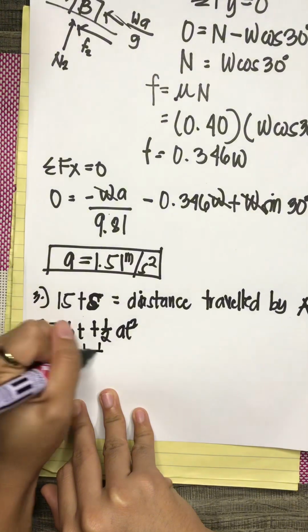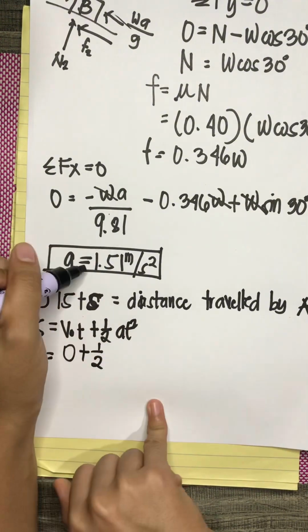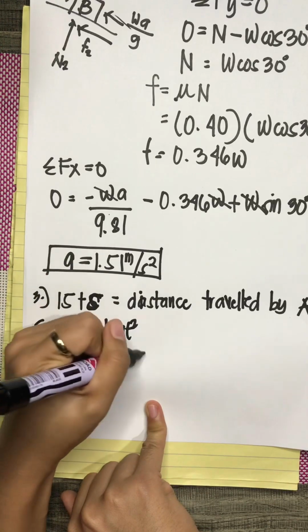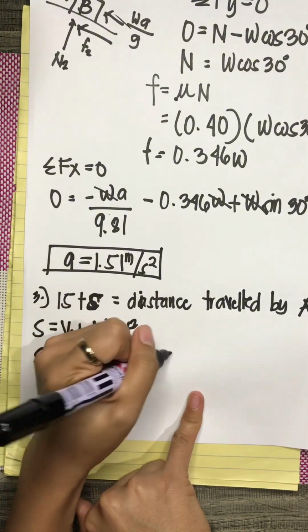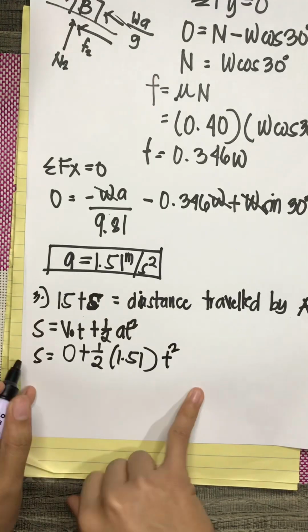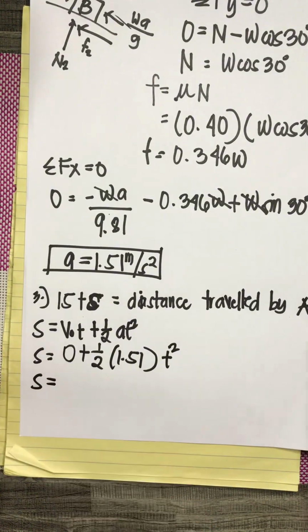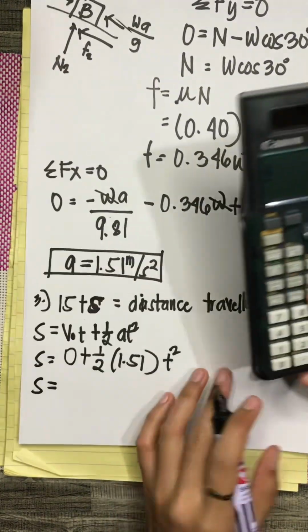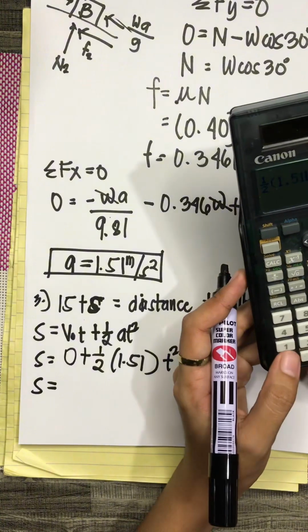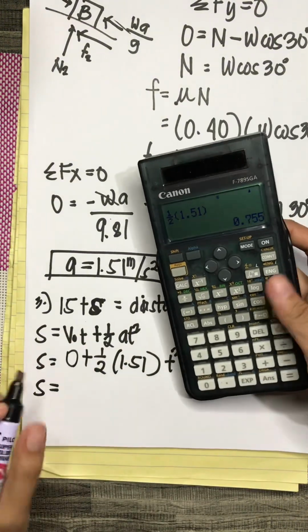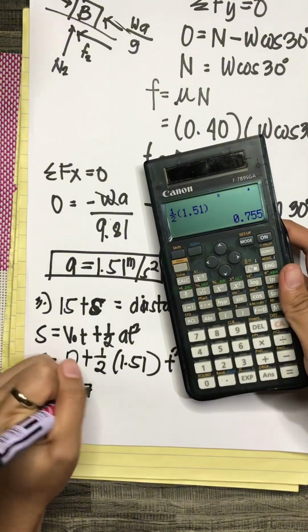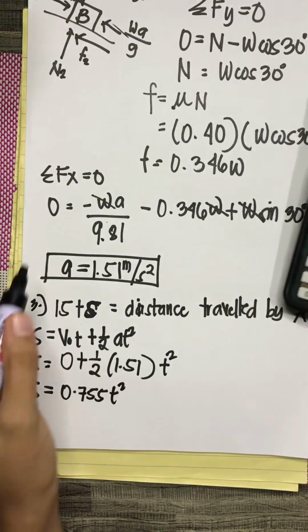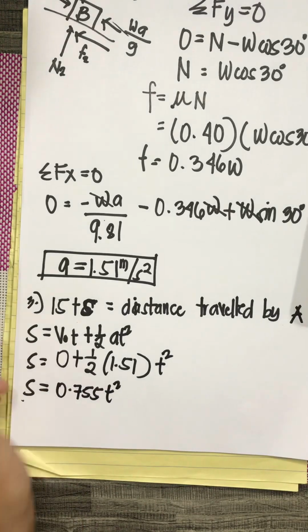So plus 1/2, we have an acceleration of 1.51 times time squared. So S equals 1/2 times 1.51. S equals 0.755 t squared.